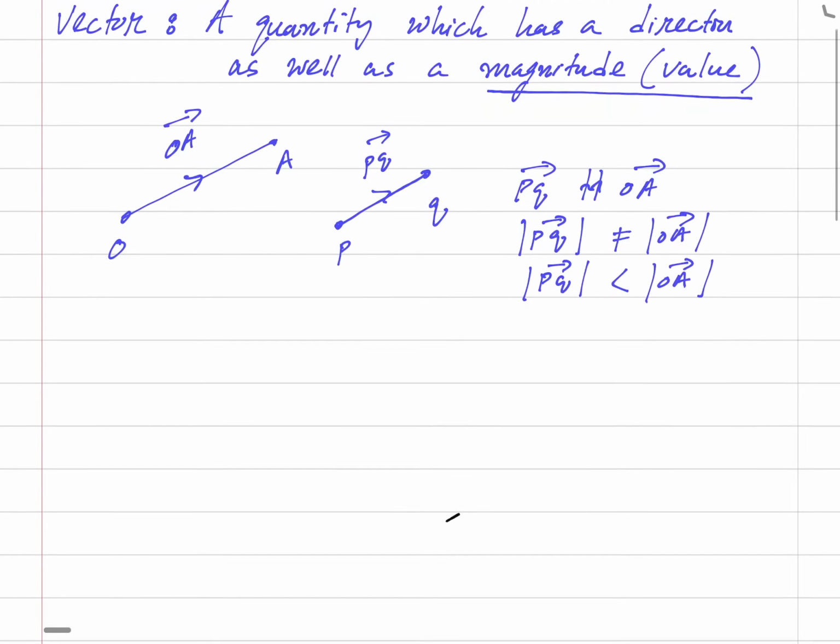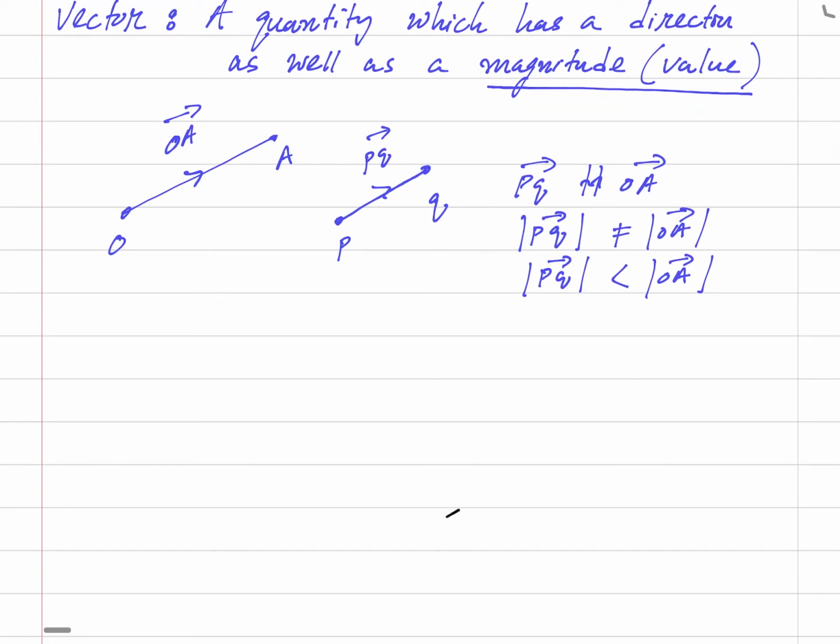Now based on that knowledge, we can understand how the vectors are acting parallelly. Suppose this is your OA vector and the PQ is parallel. So PQ vector is parallel to that.